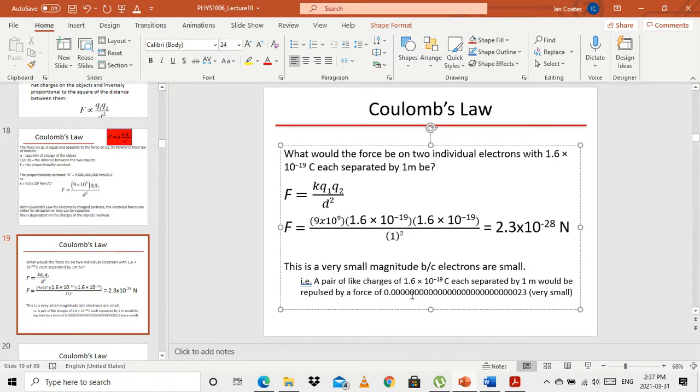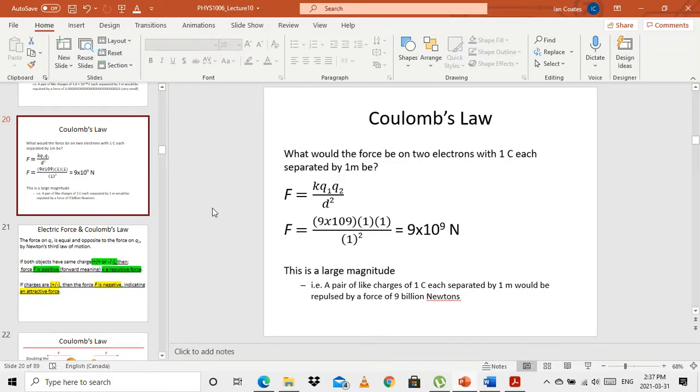I actually wrote it out just to show you. A very, very small force, but they are exerting a force on each other. What would be the force on two charges with 1 coulomb each, separated by 1 meter?